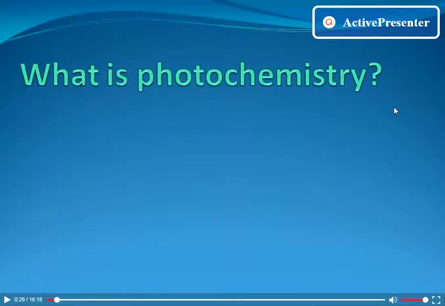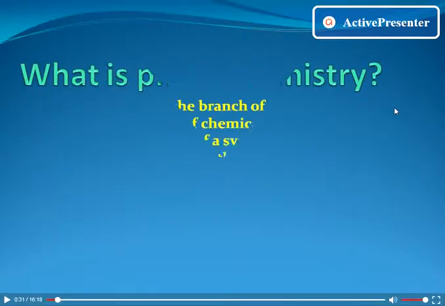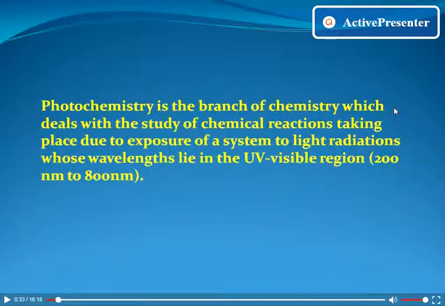So to begin with, we're going to start with the definition, and we're saying that photochemistry is a branch of chemistry which deals with the study of chemical reactions taking place due to exposure of the system to light radiations whose wavelength lie in the UV visible region. And here the UV visible region is 200 to 800 nanometers.